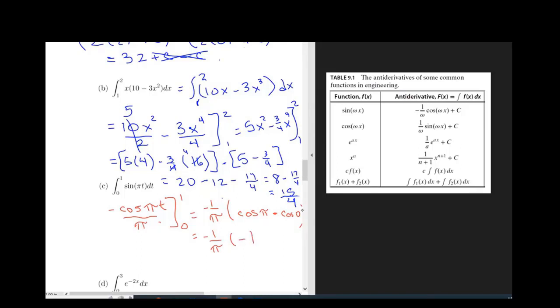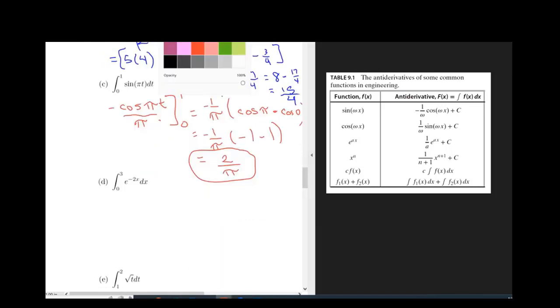Perfect. -1 minus cosine of 0, 1. Perfect. This becomes -1 over pi times -2, or 2 over pi. And that should be the answer.